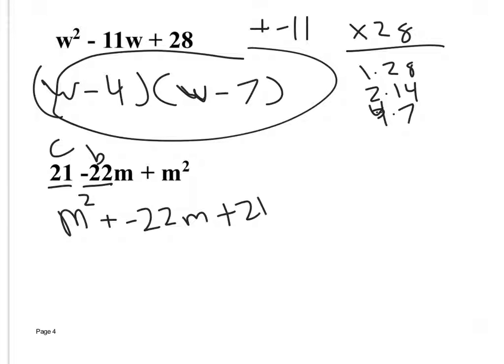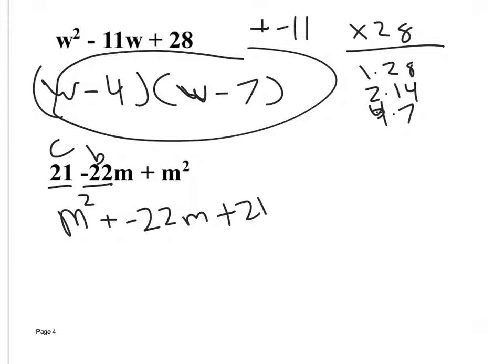You don't have to, as long as you remember which one's which. The one at the end is C, because it's not a variable squared. It has to be something squared. 21, is that a square? No.